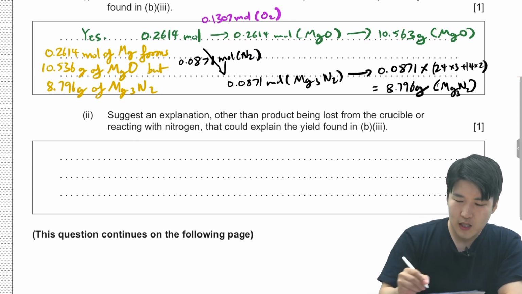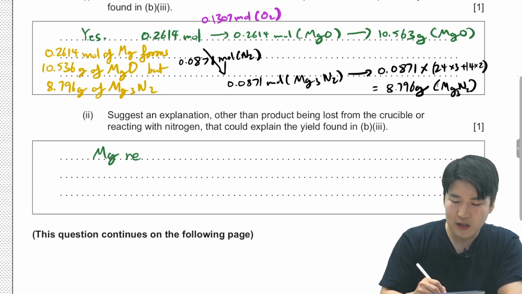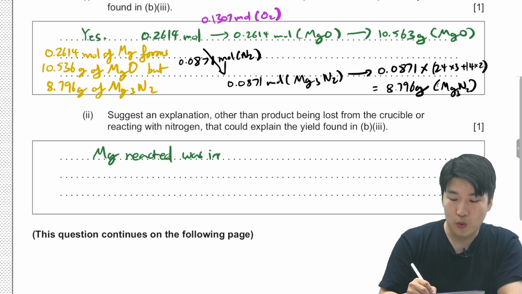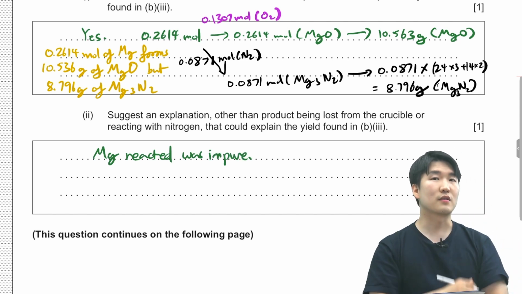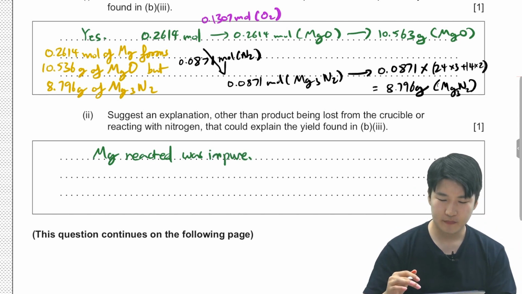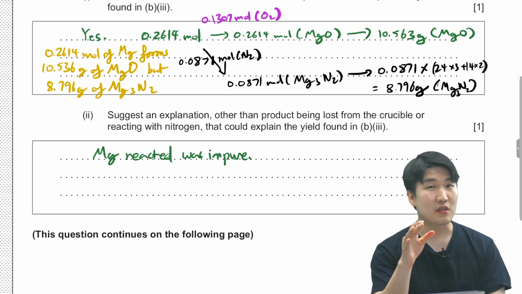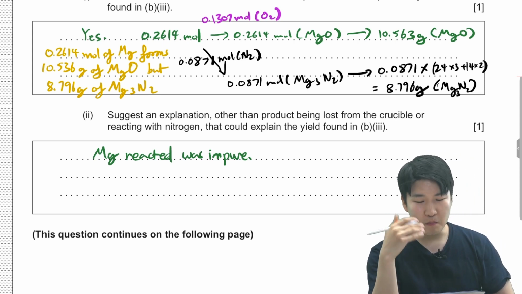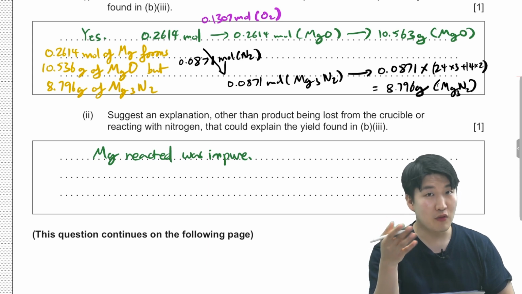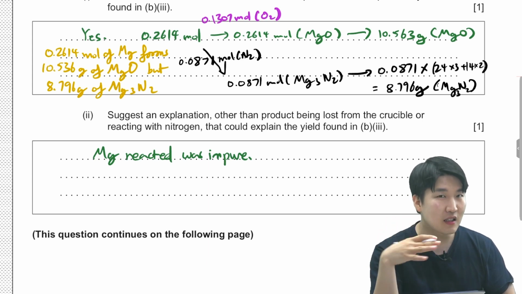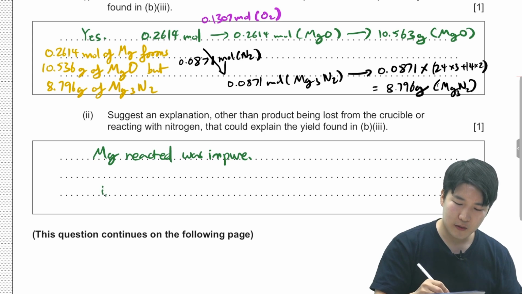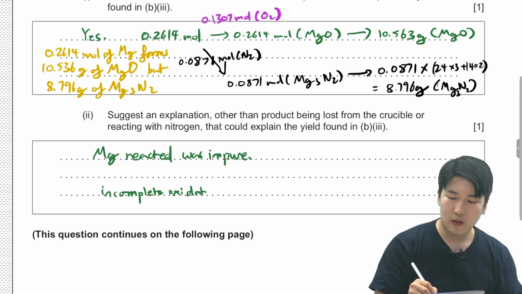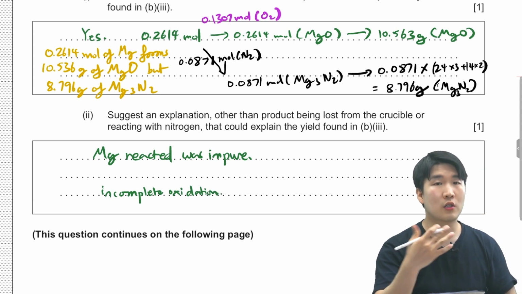So we would say that the magnesium reacted was impure for the first reason. We could go to the second reason: the oxidation reaction itself was not complete, but incomplete oxidation could be the reason.